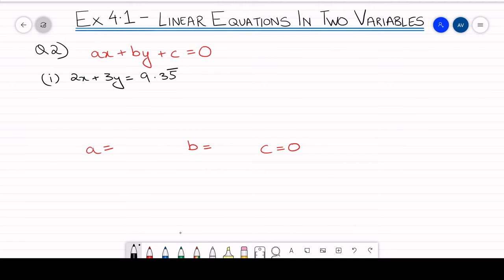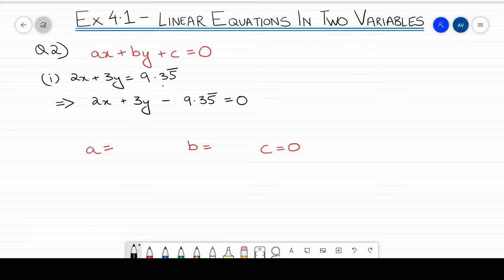The bar is over the 5. Now, in order to represent it in its standard form, we need to shift all the terms to one side. So we can write this as 2x plus 3y minus 9.35 bar is equal to 0.